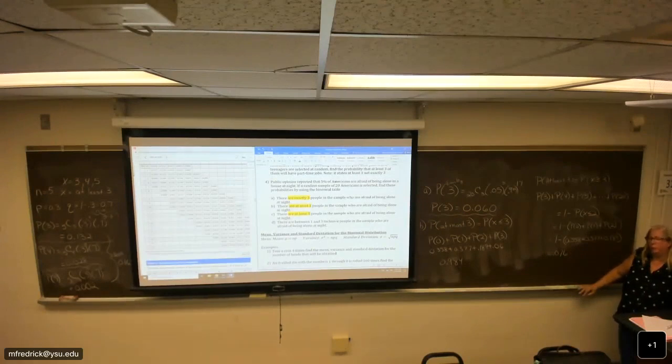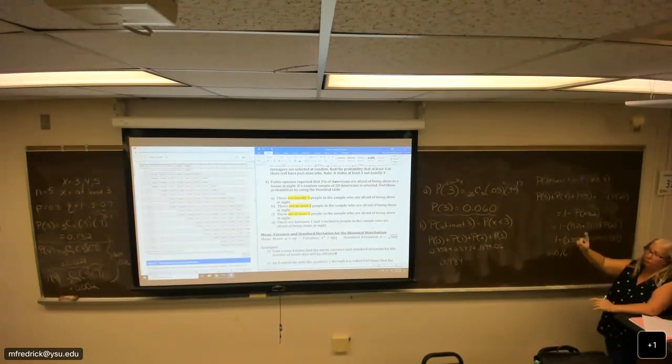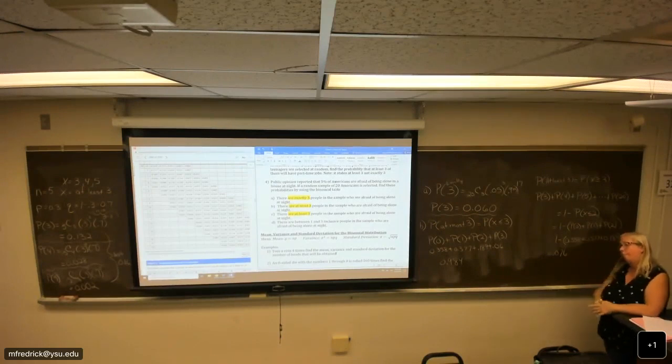Yes, there'll be one problem where you'll use the table. So there'll be one problem where there'll be an exact value where you will plug in, like we did the first problem.